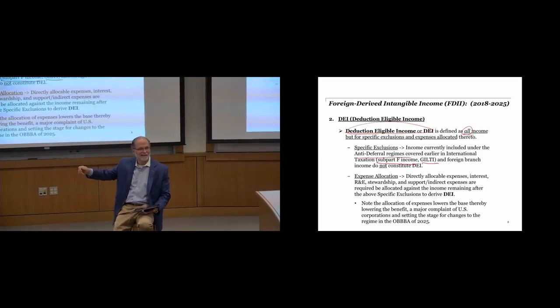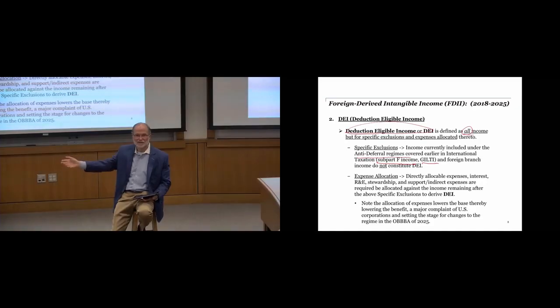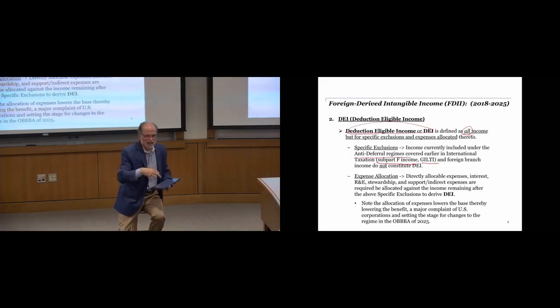That's the income that you earn in your CFC under that regime that is currently taxed in the United States. I don't want to incentivize that either. And foreign branch income that flows through directly to the United States, I don't want to encourage that either. So I start off broad and I start carving off things that are foreign, so I get to my deduction eligible income. I like to think of it as my U.S. centric activities.